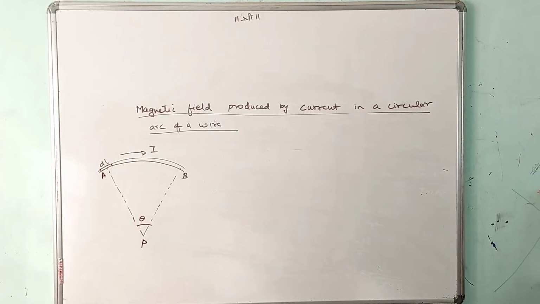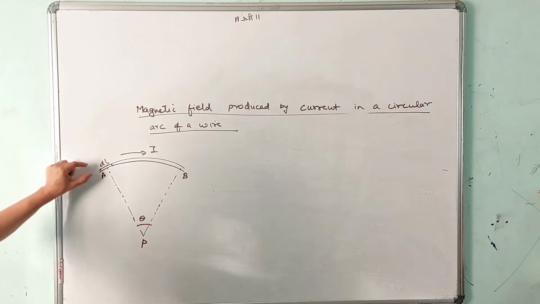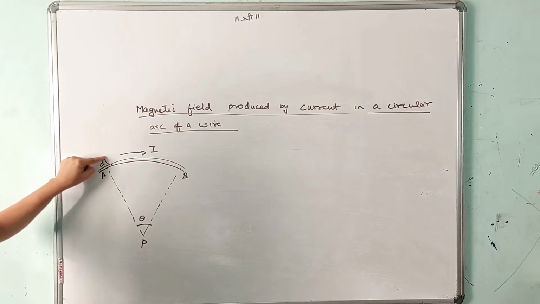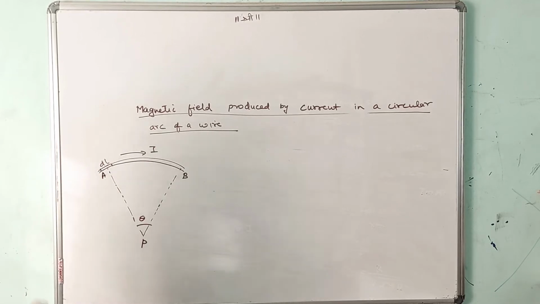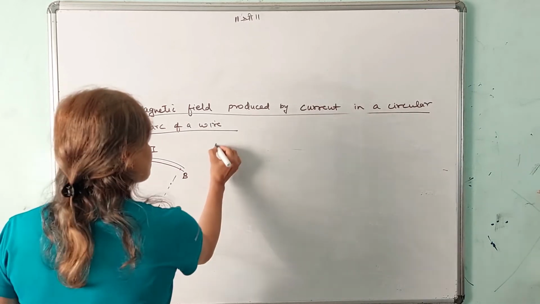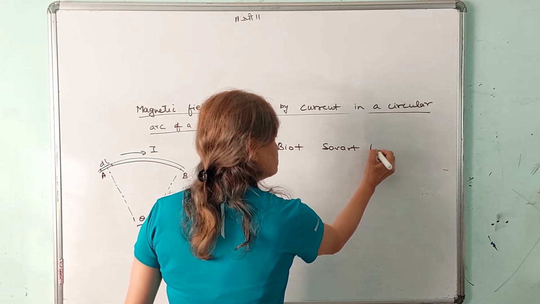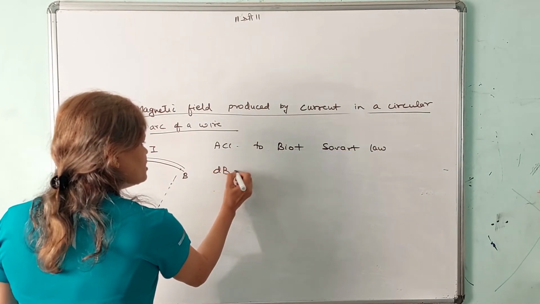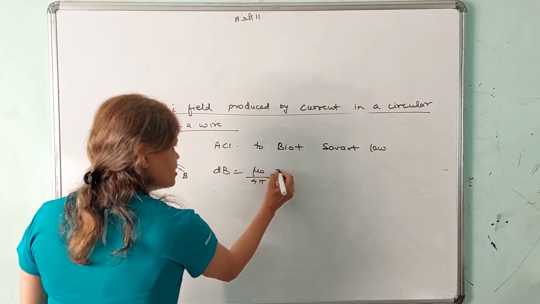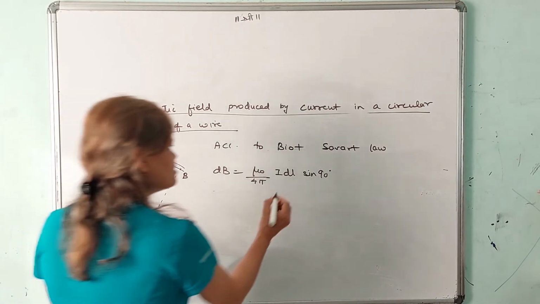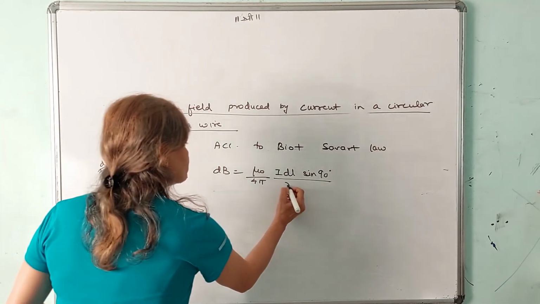So again we are going to start with the Biot-Savart law, that is the magnetic field due to this current element dl. Now in this case the angle between the dl and this r is 90 degrees. So when we use the Biot-Savart law, sine 90 will come. dB is equal to mu naught by 4 pi I dl sine 90 upon R square.